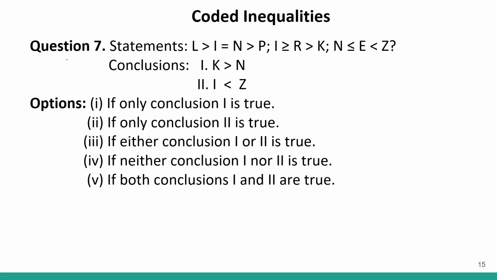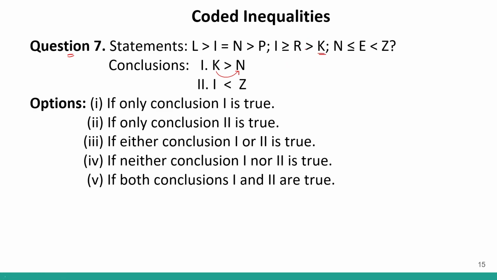Now, coming to question number 7. Question number 7, again, we have the relation in the statement and conclusions are given, and we have to find whether the conclusions are true or not. So now if K is greater than N, that means we will move from K to N. This is K. In front of K, I see only a small door.